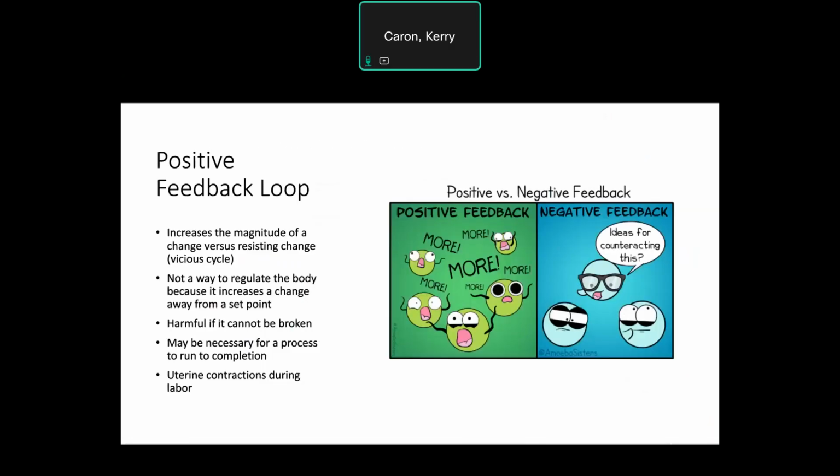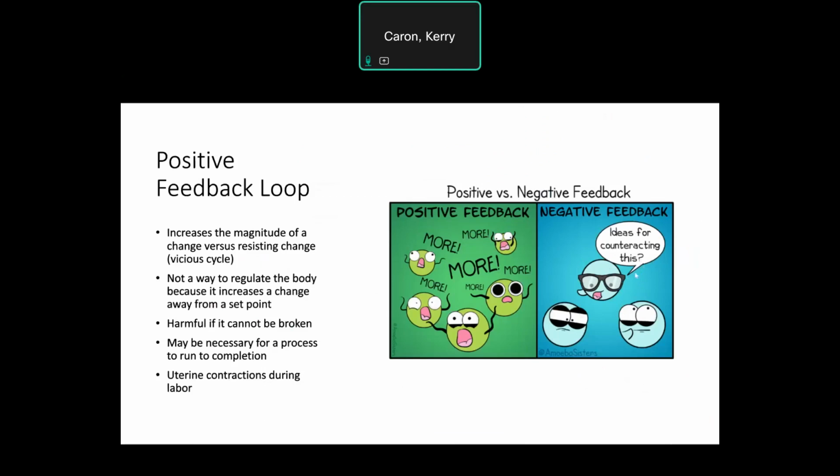So you saw a negative feedback loop. A positive feedback loop is also called a vicious cycle. I love that, vicious cycle. And basically what it is, it increases the magnitude of the change. So rather than resisting the change and bringing things back into normal ranges, set points, see, for example, here with, I love this cartoon, ideas for counteracting this.